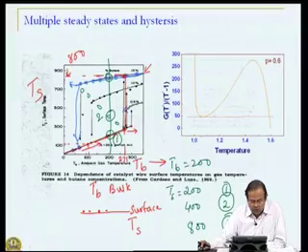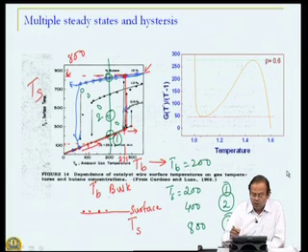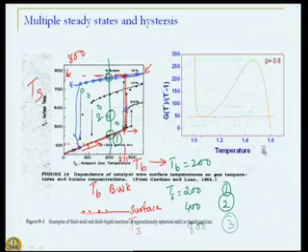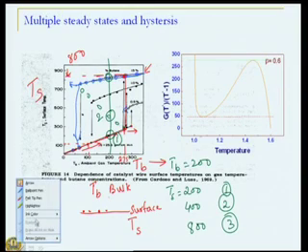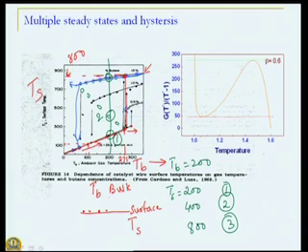So, let us look at this plot. Our equation is 1 over beta into Damkohler number equal to G of V divided by V minus 1.